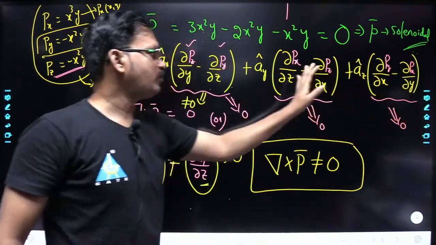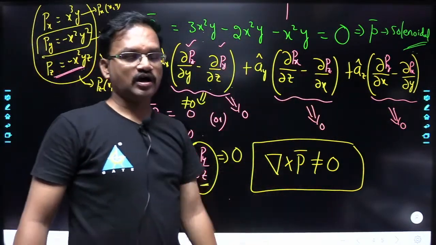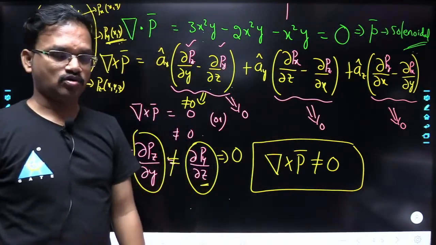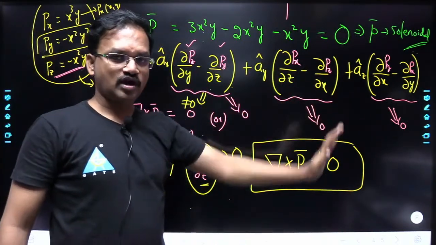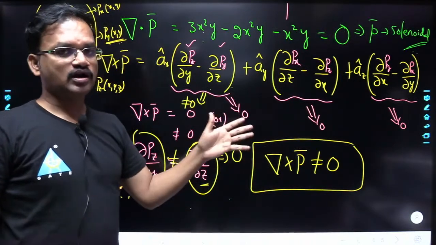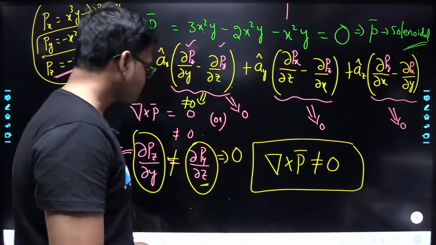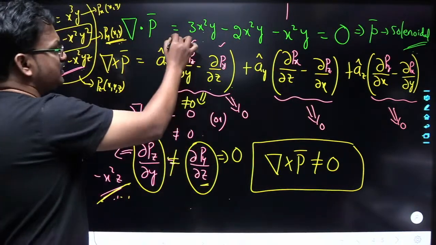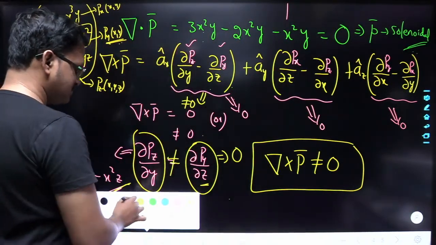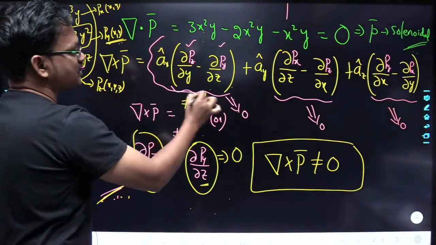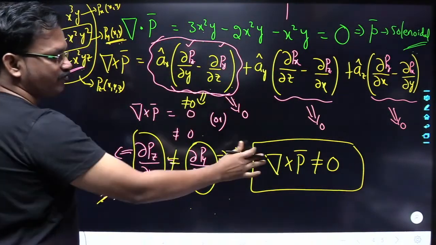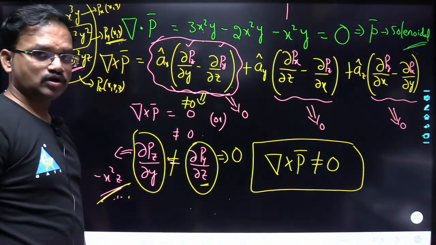If all the components become equal to 0, then only the curl of the vector field will be equal to 0. If any one of the components is not equal to 0, then the curl of the vector field is not equal to 0, right? Okay. So just by checking the first component itself, we have concluded that curl of P bar is not equal to 0.